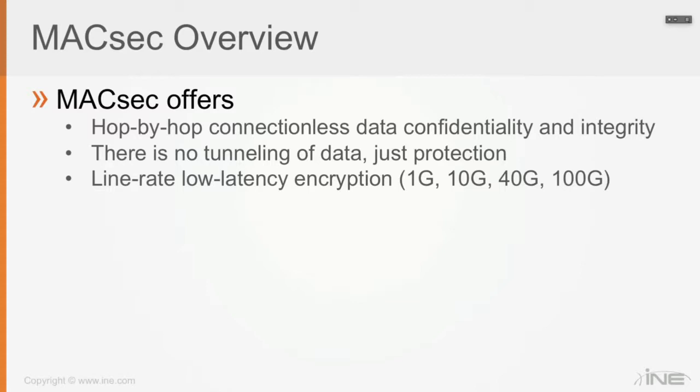MACsec is MAC security, so only the layer 2 header is going to be visible in clear text, and it's hop by hop. It's line rate, low latency encryption, so we can have 1 gig, 10 gig, 40 gig, 100 gig, whatever Ethernet is going to become in future, and it will be able to provide line rate encryption, also at 100 gig.